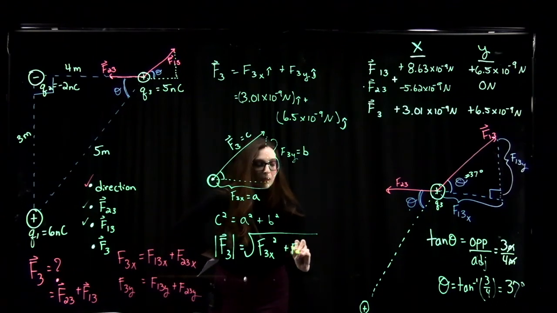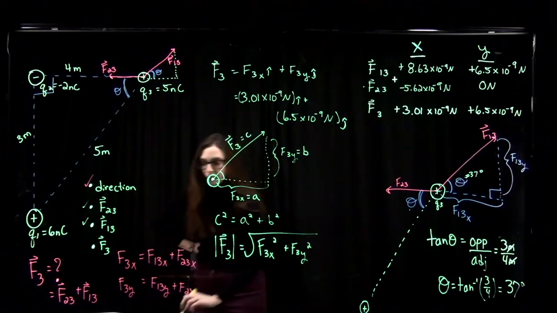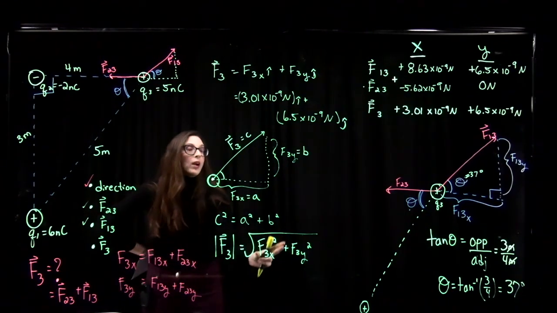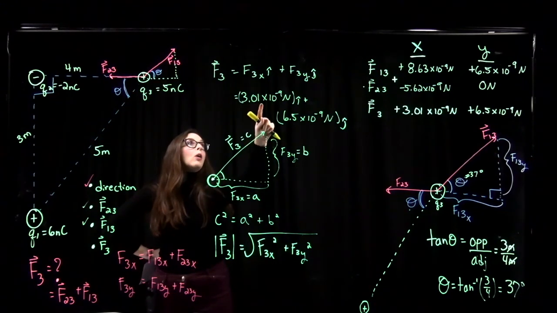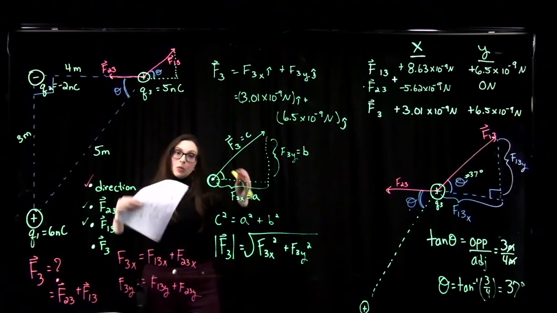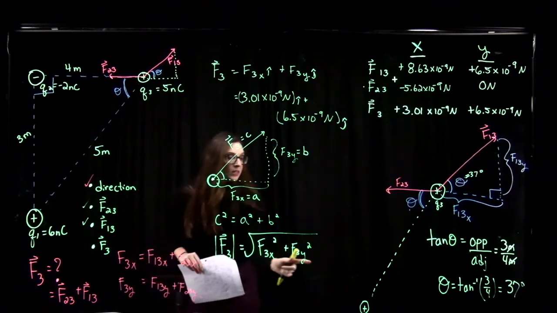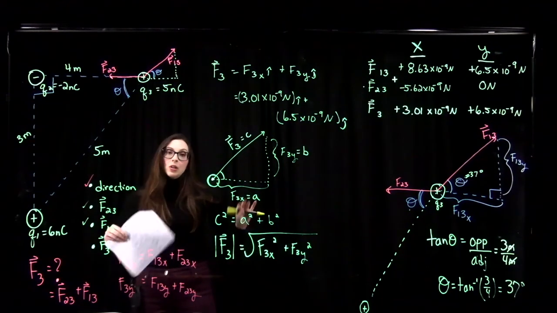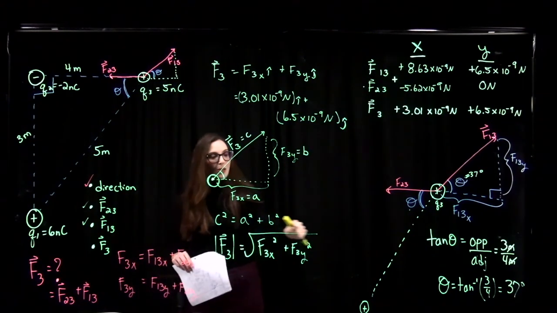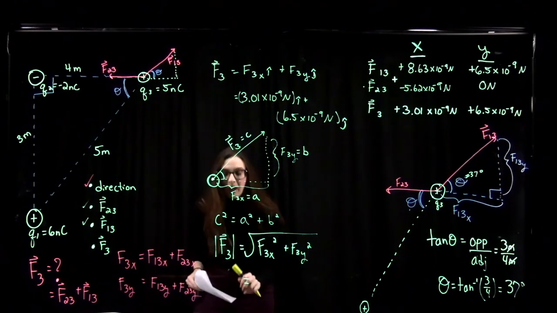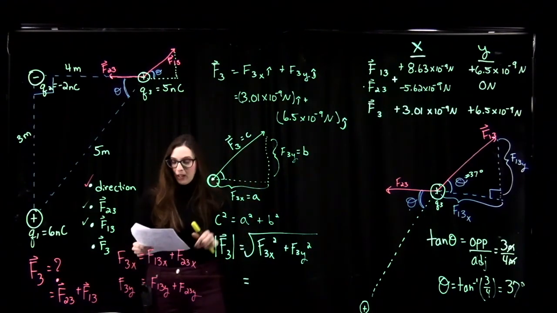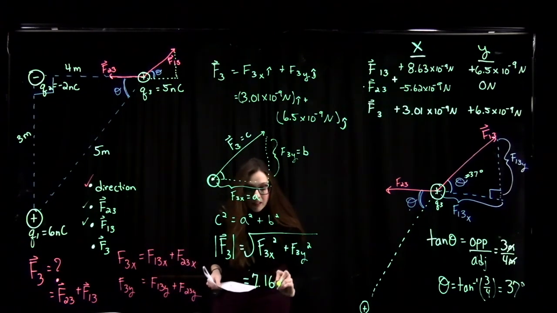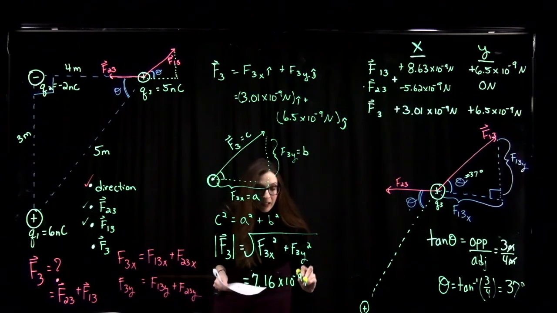plus F3y squared. Okay, so if I take F3x squared, 3.01 times 10 to the minus 9 newtons squared, plus F3y squared, 6.5 times 10 to the minus 9 newtons squared, and take the square root of that whole thing, I will find that the magnitude of F3 is 7.16 times 10 to the minus 9 newtons.